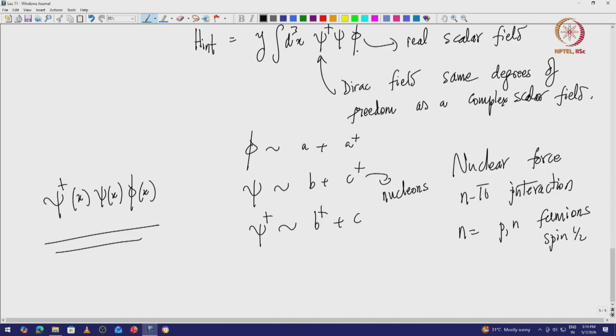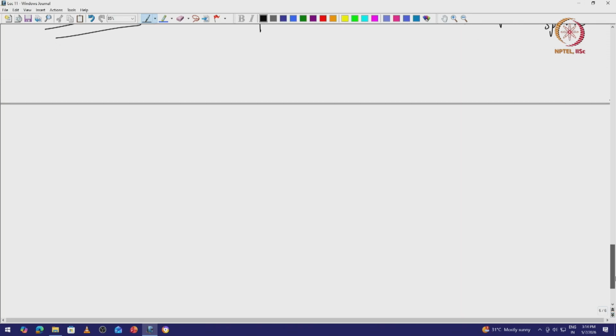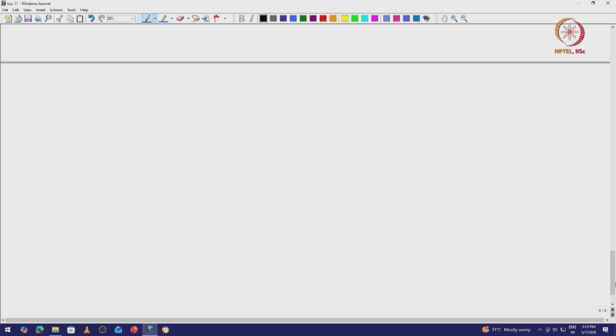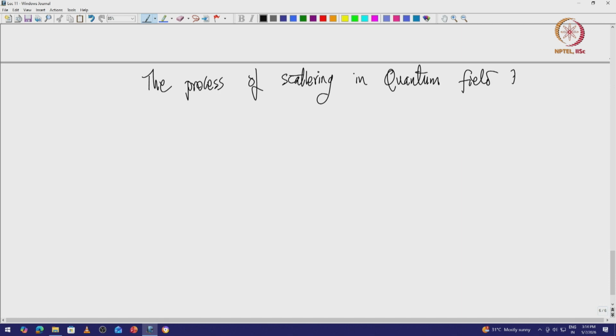So these entire things can be understood in terms of the process of scattering in quantum field theory, which is understood in terms of an S matrix.